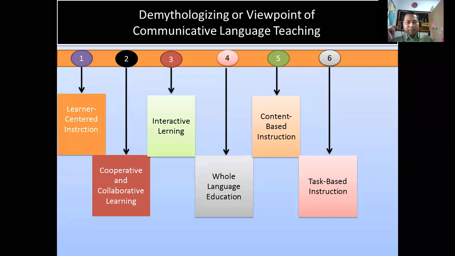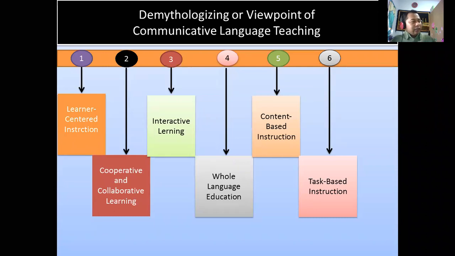So when implementing the 6 characteristics of CLT, remember your teaching activity should be learner-centered and interactive. Your activity may use cooperative and collaborative learning, content-based instructions, and task-based instructions.